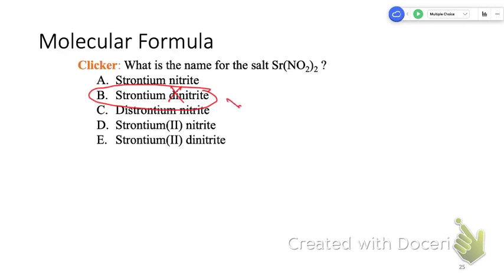We only use this for non-ions. So how do we know, is it one of these guys? Because we know it's not a transition metal. So we know strontium, it's 38. Oh my god, it's Sr.